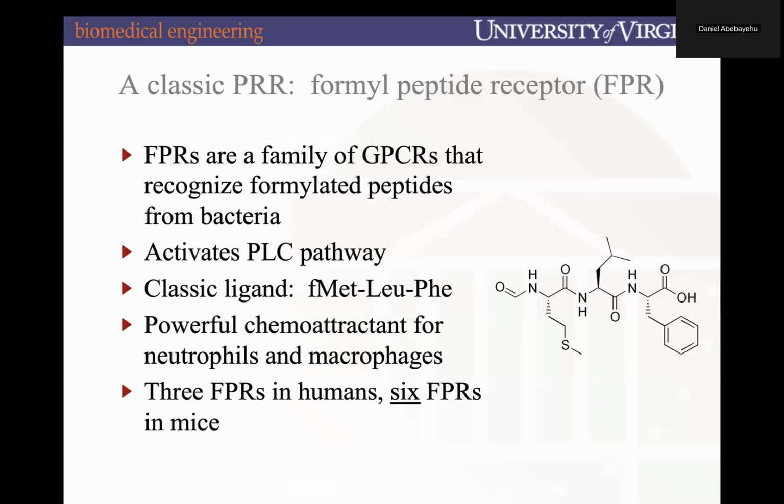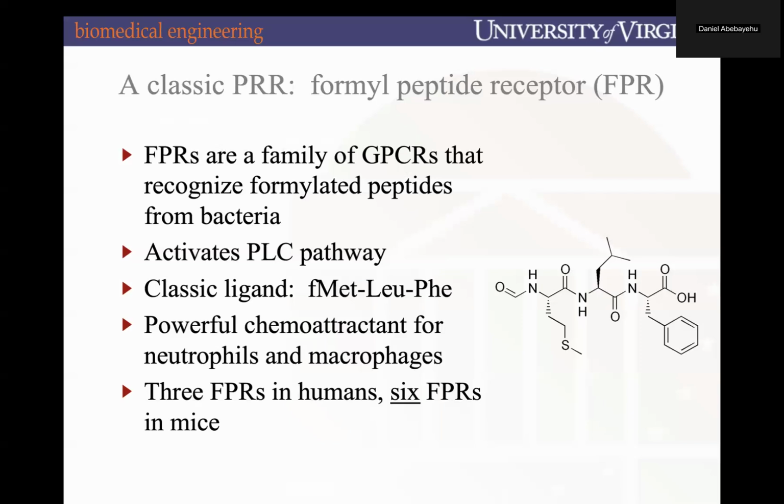And so binding of the FPR is a really potent chemoattractant, meaning it promotes the movement of cells towards that pathogen, particularly neutrophils and macrophages. What's worth noting is that in our genome, we encode 3 kinds of FPRs, whereas mice actually have 6. Because we are a higher order organism than mice, typically our genome has more copies of certain genes.